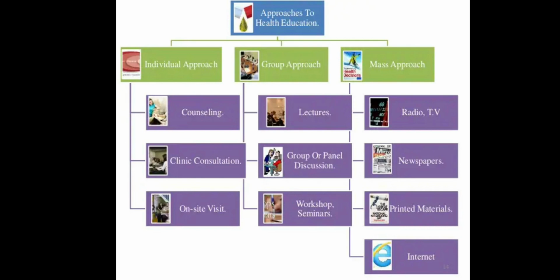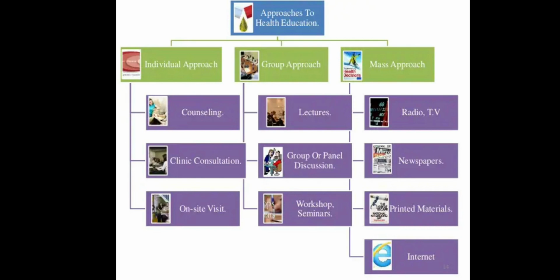Lastly, we have the mass approach. The mass approach deals with the media or platforms that we will be using. What are those media or platforms? You can share information through radio, TV, newspaper, printed materials, or even the internet. For radio and TV, you can have it as an advertisement.